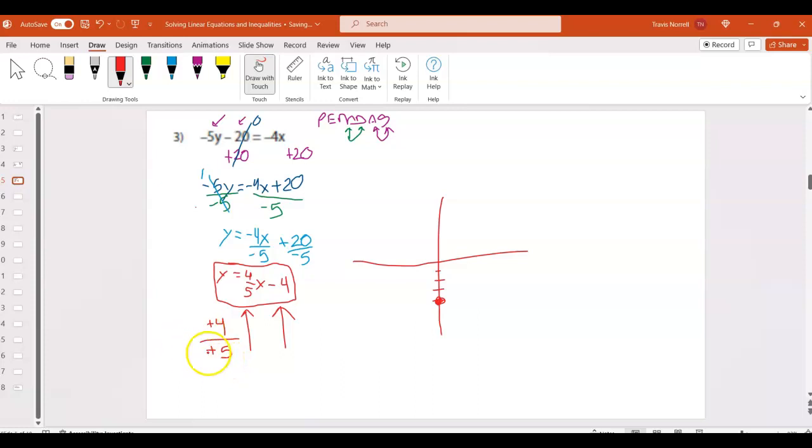Rise over run, meaning you're going to go up 4 because it's positive, and right 5 because it's positive. So up 1, 2, 3, 4, and right 1, 2, 3, 4, 5. So there would be your line.